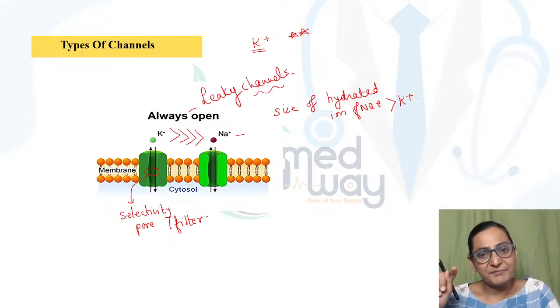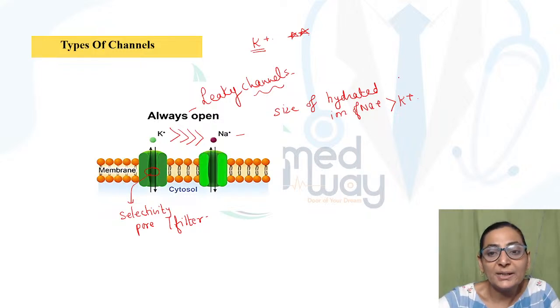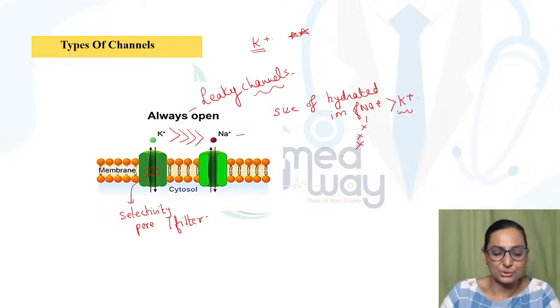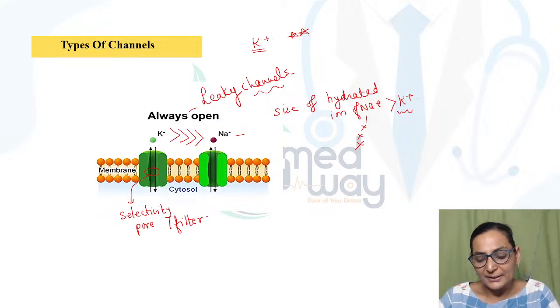So these selective filters which are there, they will allow only potassium to pass through the channel, and they do not allow sodium to pass through the channel, right? So this is a very important reason that although there are leaky channels which are present, the leaky channels have around 100 times more permeability for potassium than for any other ion.